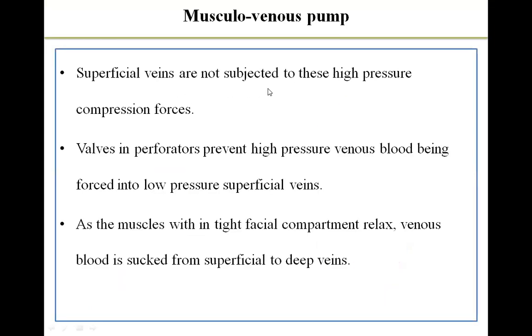Superficial veins are not subjected to these high pressure compression forces. Valves in the perforators prevent the high pressure venous blood being forced into the low pressure superficial veins. As the muscles within the tight fascial compartment relax, venous blood is sucked from the superficial to deep veins.